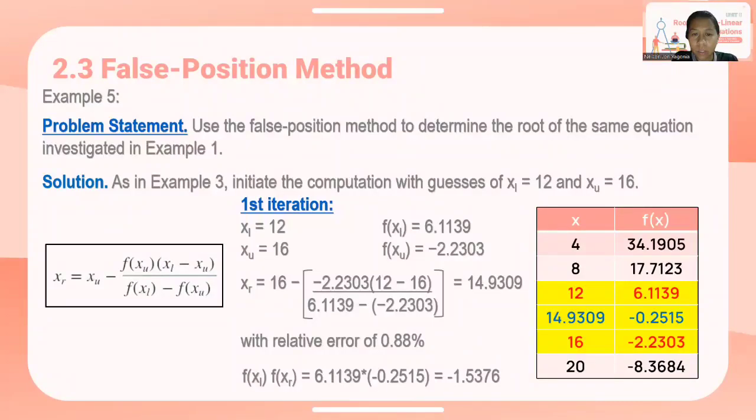The xr, which is equal to 14.9309, becomes the upper limit since it has the same sign, so it will replace the upper limit for the next iteration.